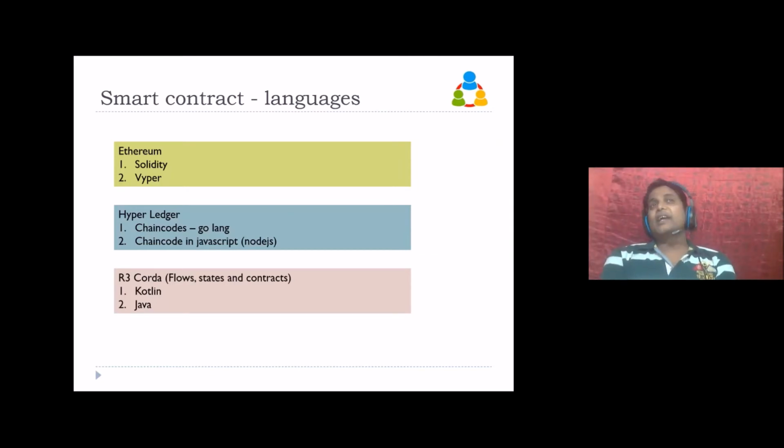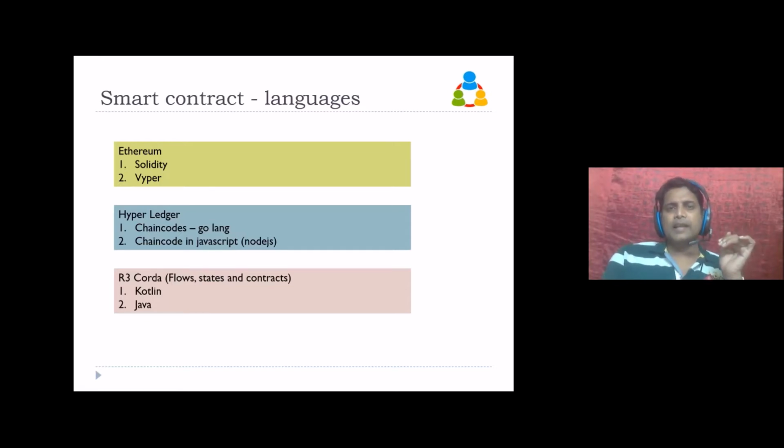So you can use the Java programming language to write R3 Corda flows. R3 Corda is a private blockchain. If you know any one programming language, you can learn Solidity or Golang pretty easily. If you know the flow and concepts of one programming language, learning any other programming language will be much easier.